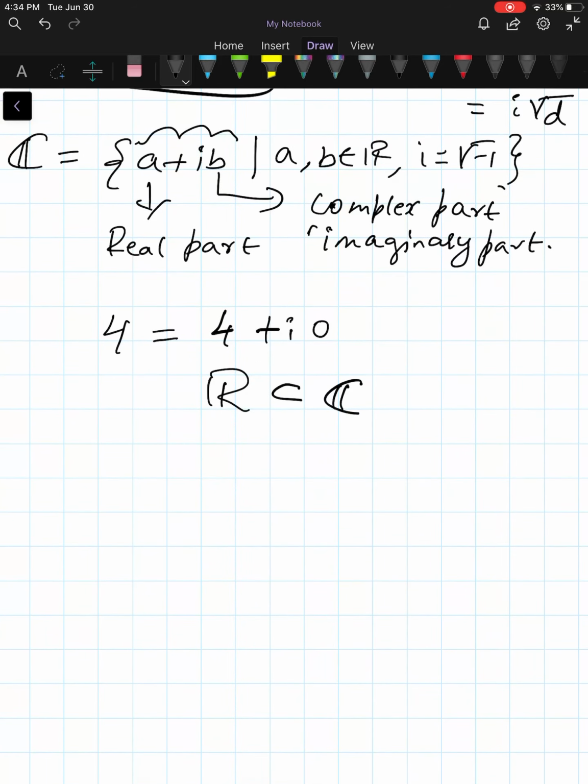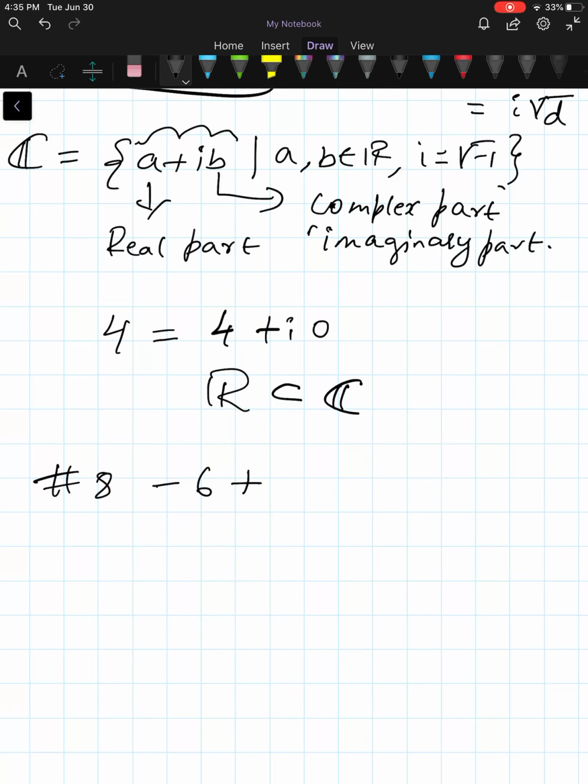Before that, let us solve some examples where we identify the real part of the complex number as well as the imaginary part of the complex number. I will move to the exercises, that would be exercise numbers 8 and 10 in the book. Number 8 says, find the real and imaginary parts of the complex numbers.